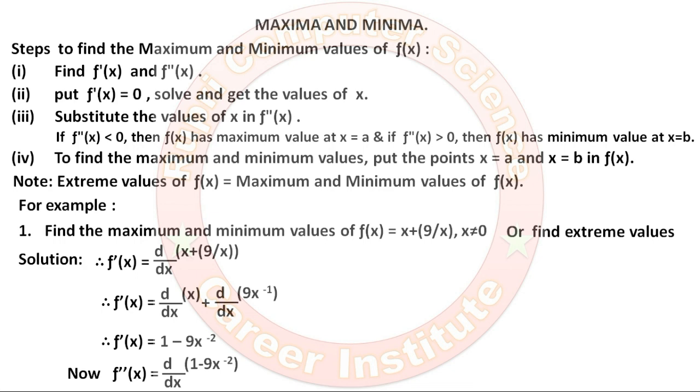So next step, the derivative of 1 is 0, and the derivative of minus 9x raised to minus 2 is: 9 into 2 is 18, minus minus is plus, so 18x raised to minus 3.